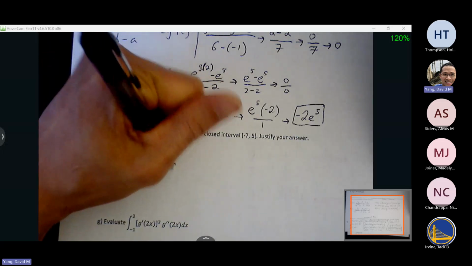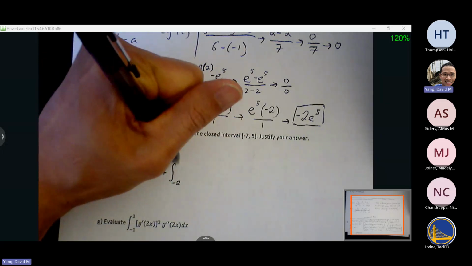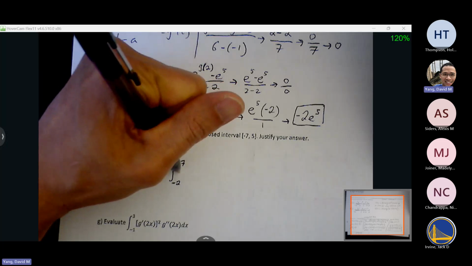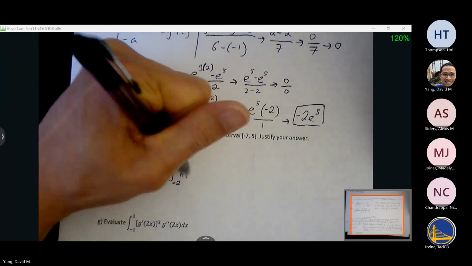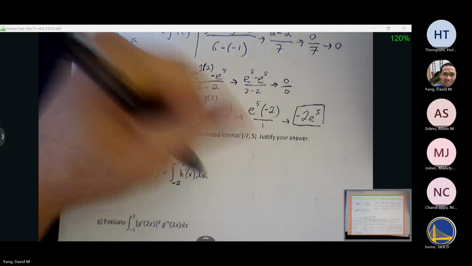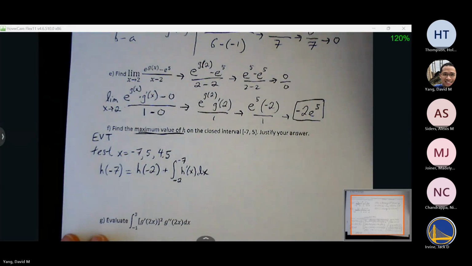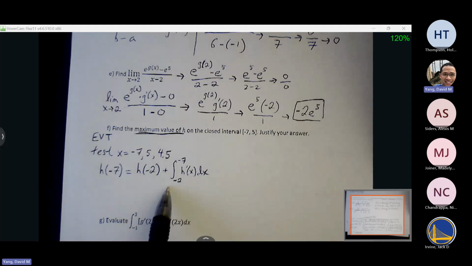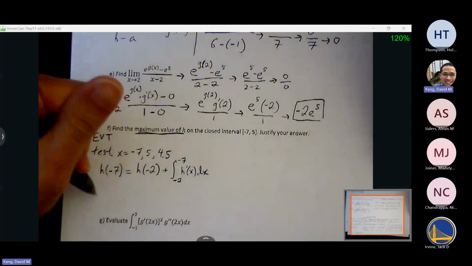Plus, and I'm trying to bridge the gap between -2 and -7. Now that I have my definition down, I realize that I'm going backwards here. I'm going from right to left. So I prefer to go from left to right.